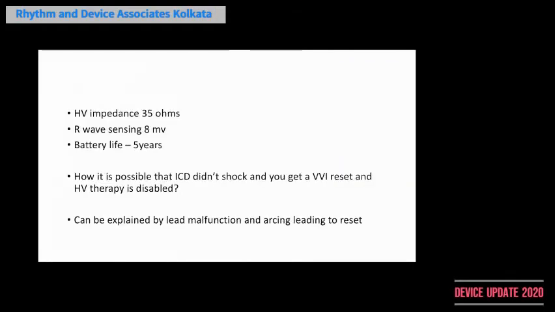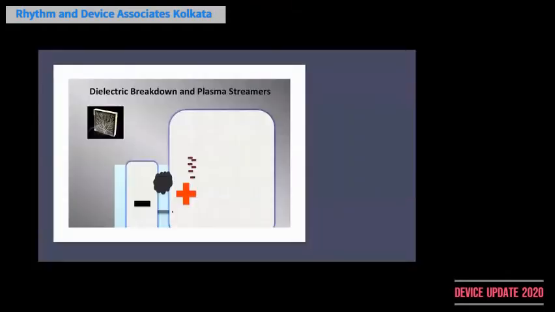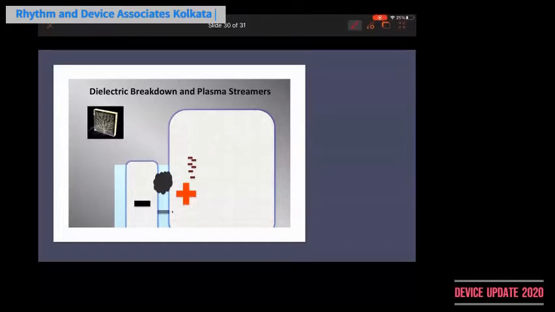Next, this one. This one actually shows where you have, for example, a lead breakage of the insulation, and you have the RV lead, where the conductor connecting to the RV coil is exposed in the pocket. You can think this is the conductor related to the RV coil, which is exposed in the pocket, and you have the can.